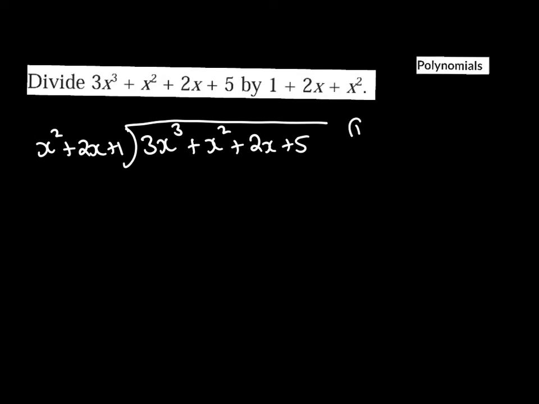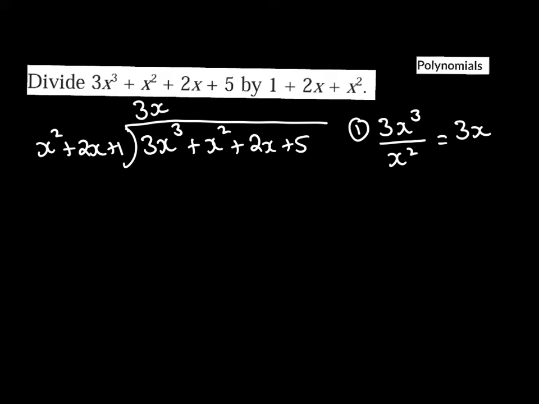In order to find the first term of the quotient, we will take the highest degree term of the dividend, which is 3x cubed, and divide it by the highest degree term of the divisor, which is x squared. So we land up with 3x. This will be the first term of our quotient, 3x, and we carry out the division process.